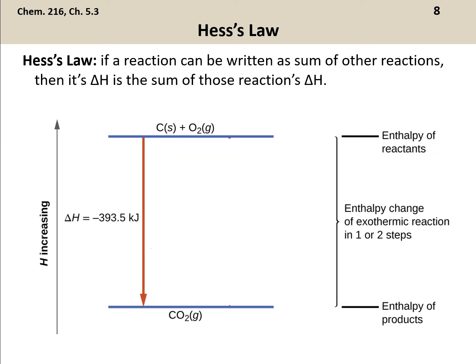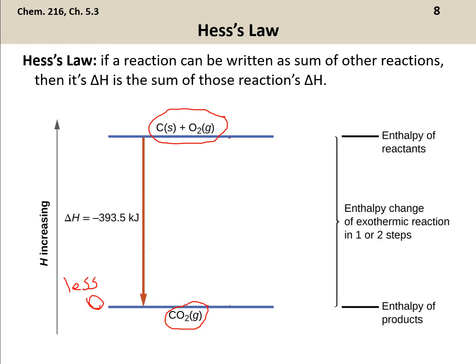Here's one way to signify this. Let's say I have here H increasing, right? So here's my carbon and oxygen. Here's my CO2. If I go from carbon and oxygen to CO2, I'm getting less delta H. So I have a decrease in my delta H. So this is lower energy.